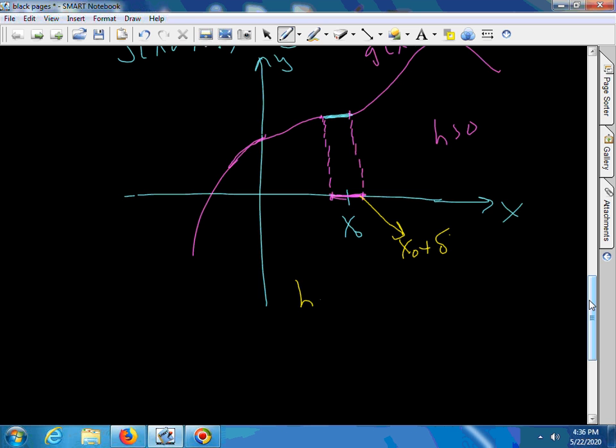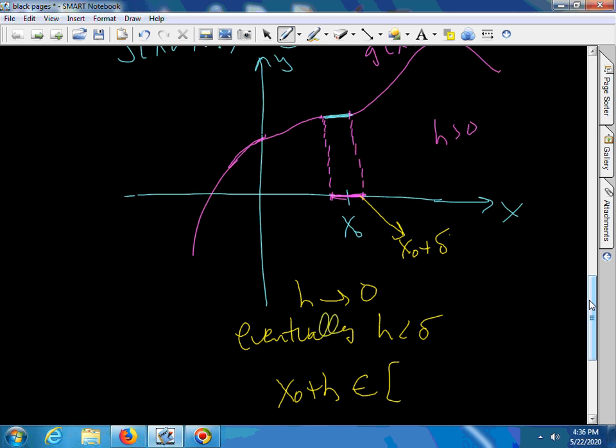Because remember, h is going to go to 0. So eventually, h will be less than delta. That is, x0 plus h will be contained in the interval x0 comma x0 plus delta. This will be in there.